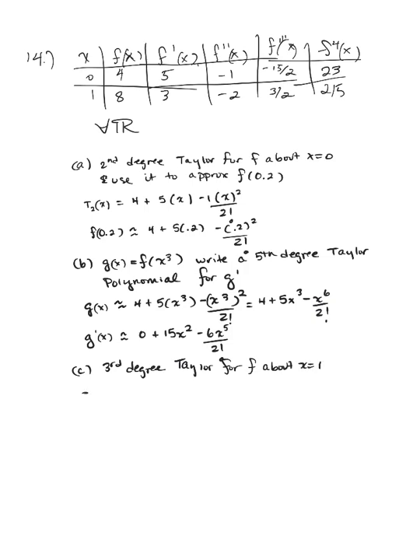So the third degree Taylor, okay, is equal to, go to the second row, 8 plus 3 times x minus 1, because we're changing the center, minus 2 times x minus 1 squared over 2 factorial. I'm doing third degree, so I have to go up to the third degree. 2 times 3 factorial. Stop right there. Done.